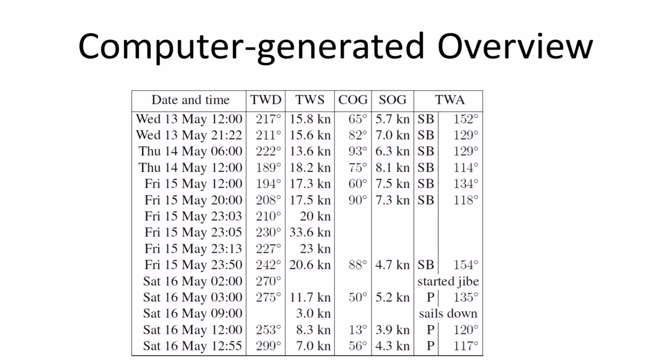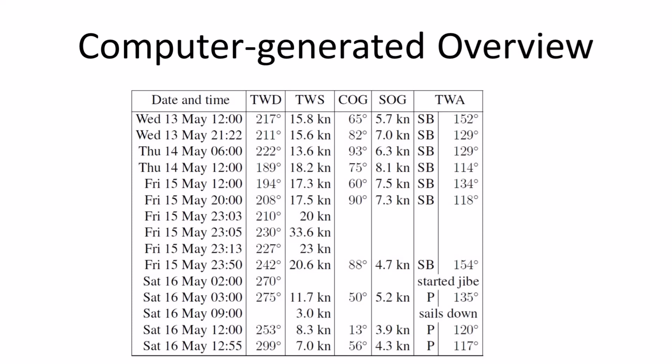The second example of harvesting logbook data is about creating tables that can help you understand the phenomena you experience while at sea. So this table was generated by some software I have written, which extracted data from the machine-readable logbook.